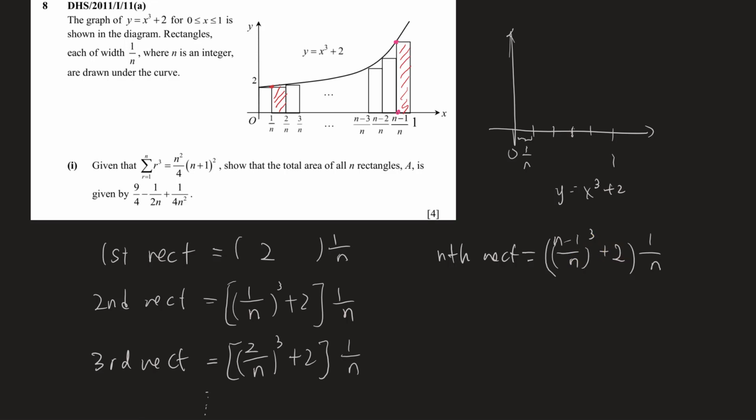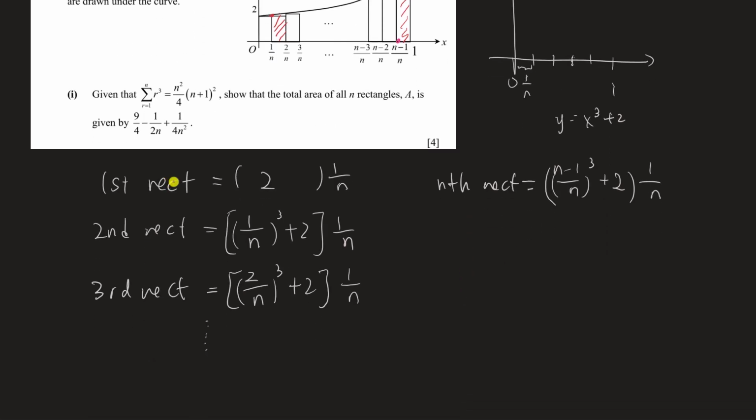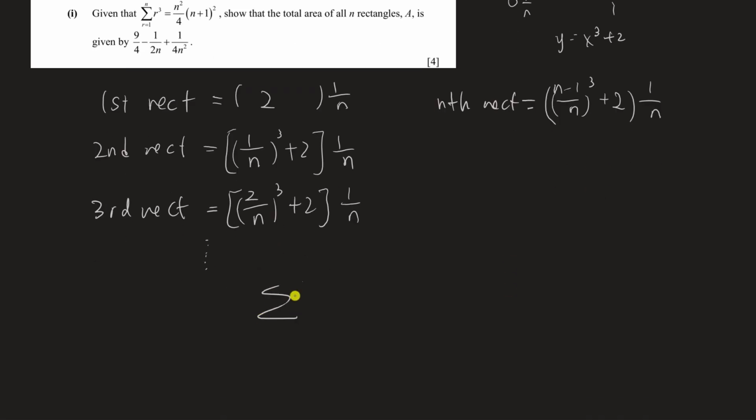Your job now is to create a summation, because now we're supposed to sum up first rectangle with second rectangle with third rectangle, fourth rectangle, all the way until the nth rectangle, right? So instead of writing this plus this plus this plus this, are we able to generate a summation here, for all rectangles? You have to notice some kind of number pattern.